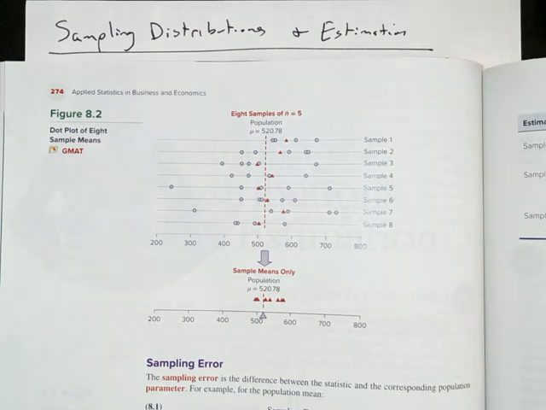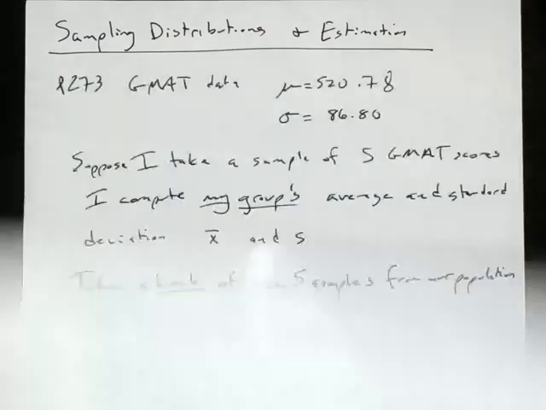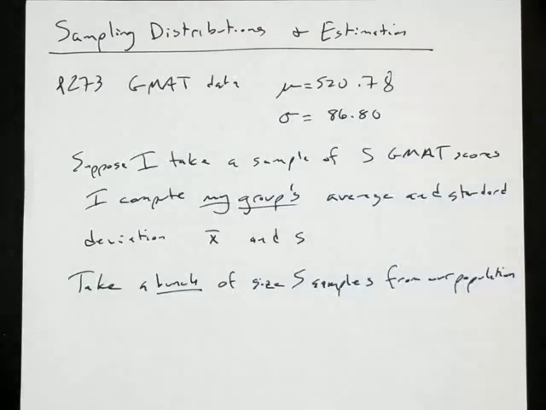So instead of just looking at all of these scores separately, by looking at them as groups and looking at the averages from those groups, I can get a new random variable. Rather than just looking at the GMAT scores themselves, I look at samples.